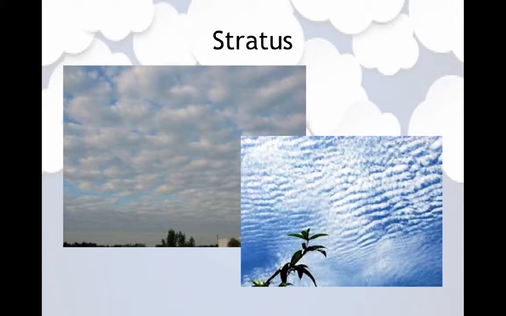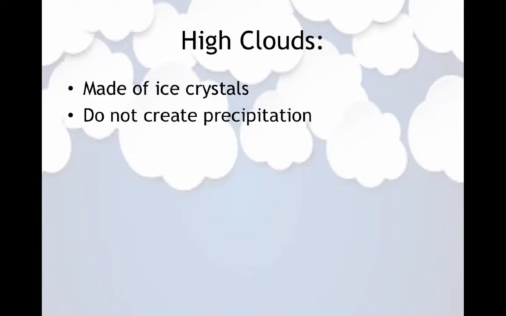Clouds can also be classified by their height. There are three levels of cloud heights: high, middle, and low. Here's our high clouds. High clouds normally have bases that are above 6,000 meters. High clouds consist of cirrus, cirrostratus, and cirrocumulus.